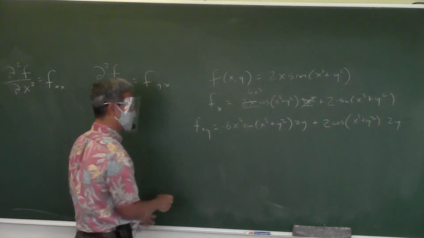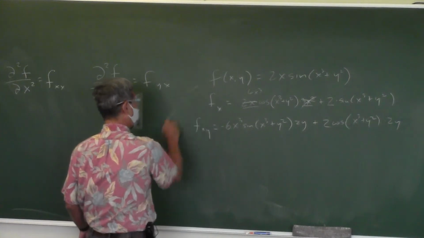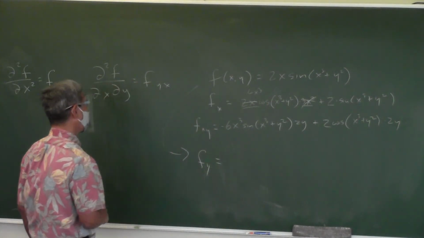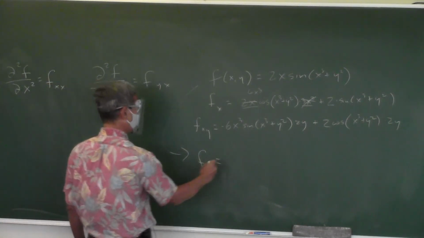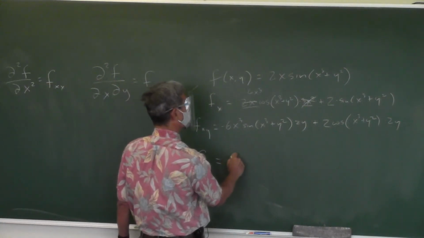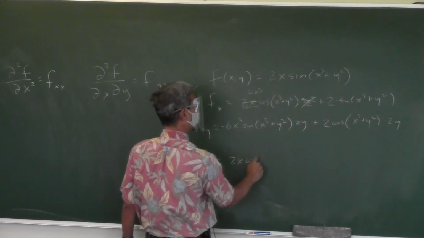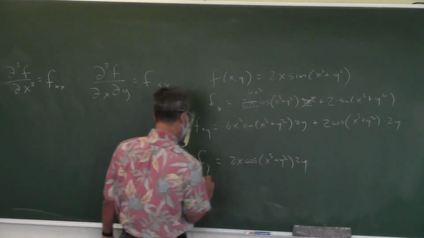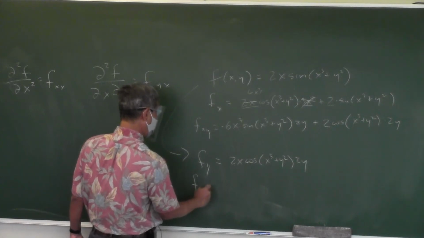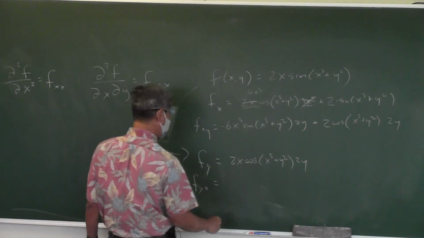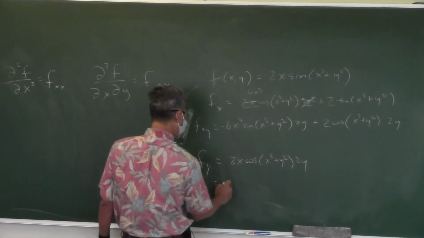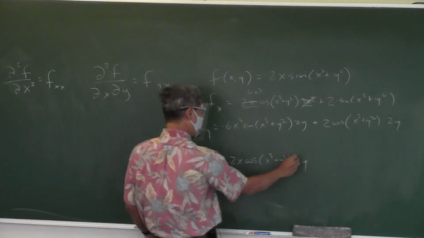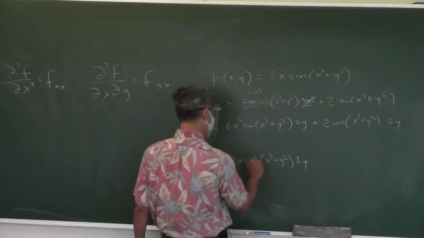Let's do the partial with respect to y first. So, 2x cosine of x cubed plus y squared times 2y. Okay, and then after we do that, we do it with respect to x. 2 times cosine... well, why don't we simplify, 2 times 2 is a 4.